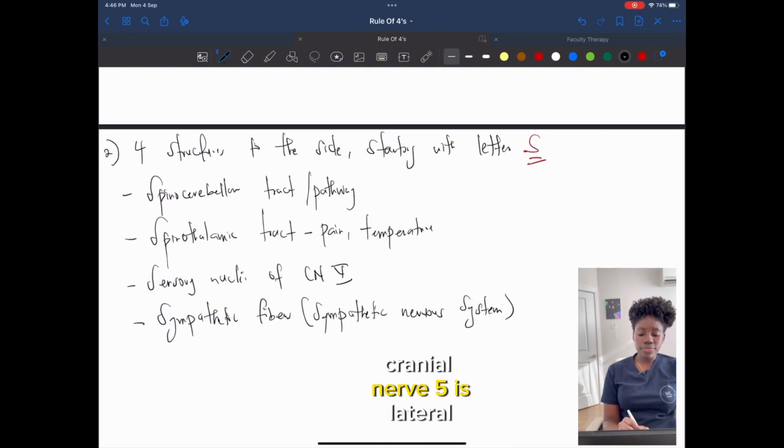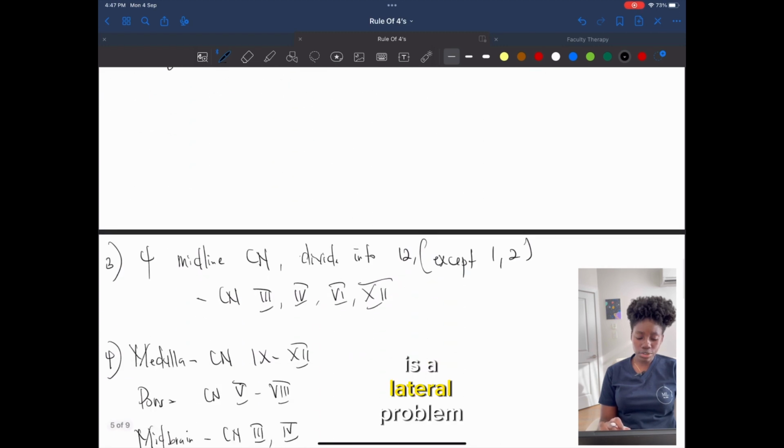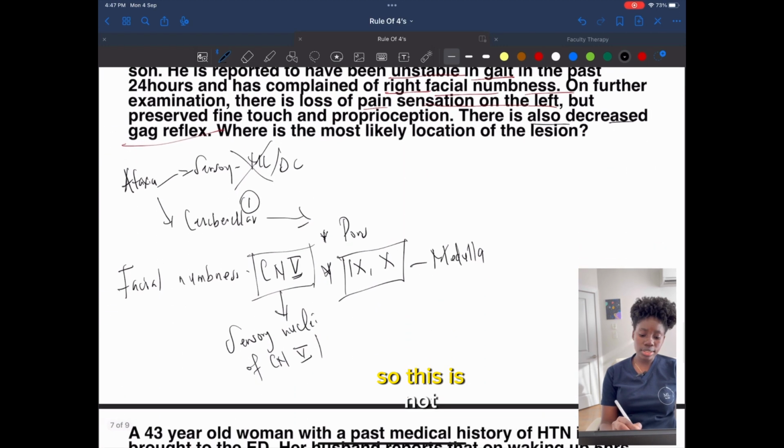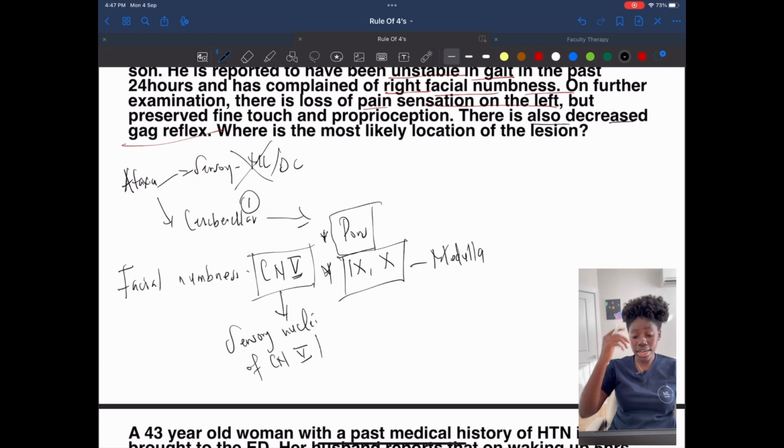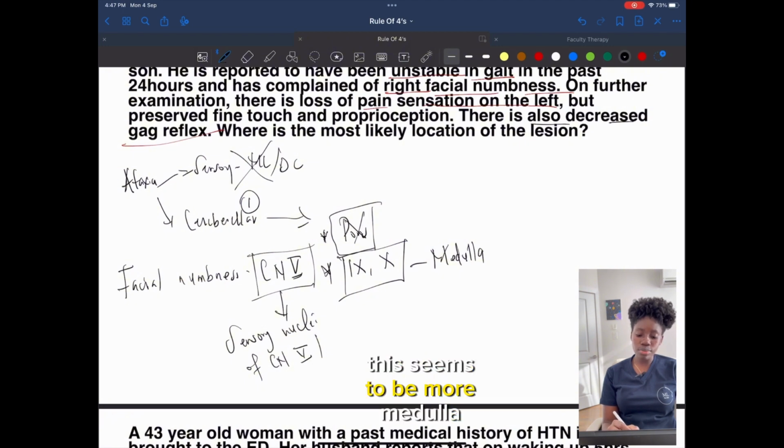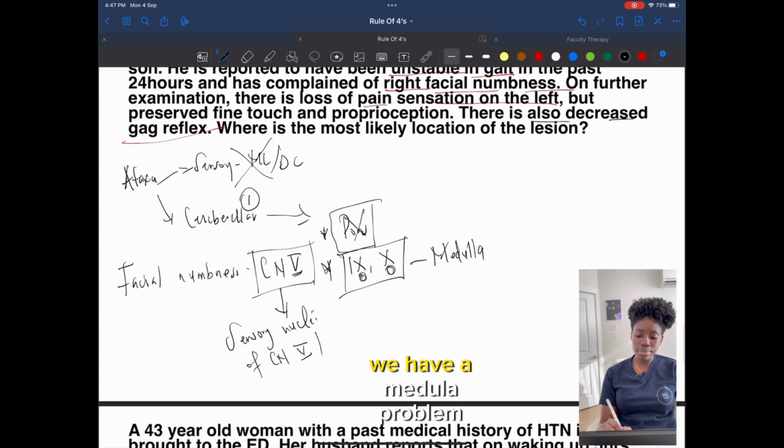The sensory nuclei of cranial nerve 5 is lateral. So this is a lateral problem. It's not the entire cranial nerve 5 itself, it's just the sensory nuclei. So now we're not thinking that it's pons, we're thinking this seems to be more a medulla problem, right? Because we have these two cranial nerves here, we have a medulla problem.